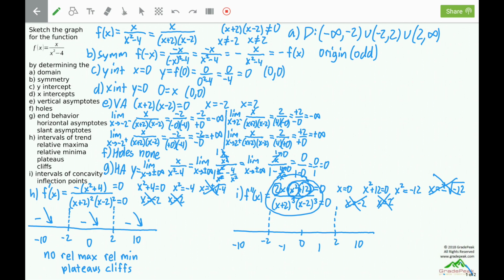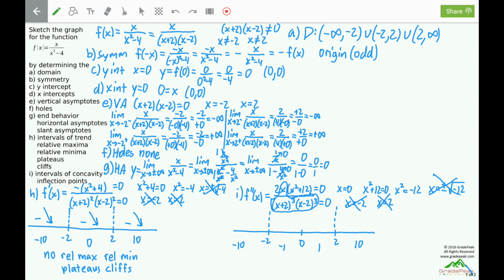The x is to the first power, so it will matter, and in the denominator these are each odd powers, which can be positive or negative. So they will matter. Odd powers always matter. The portion of the second derivative that matters, therefore, is this.